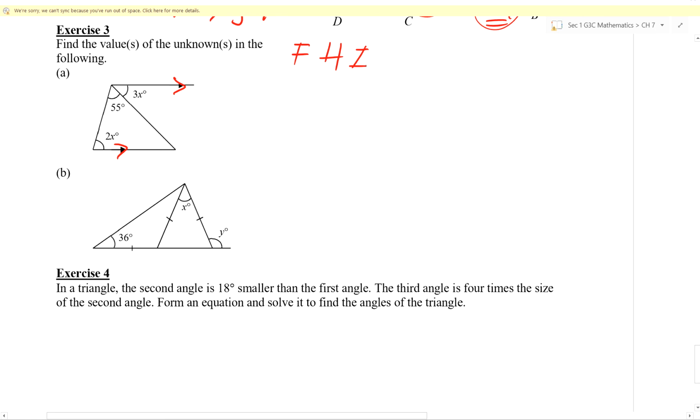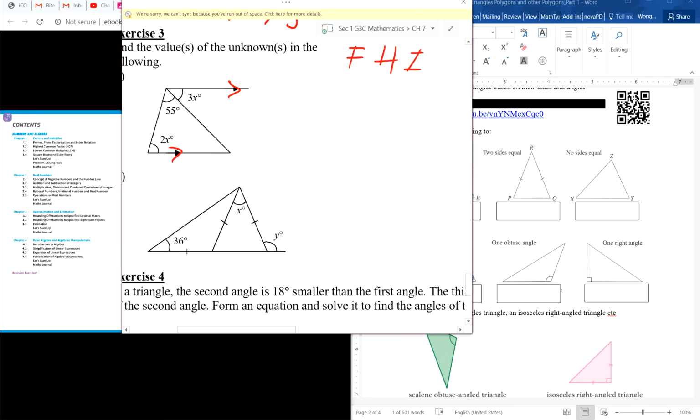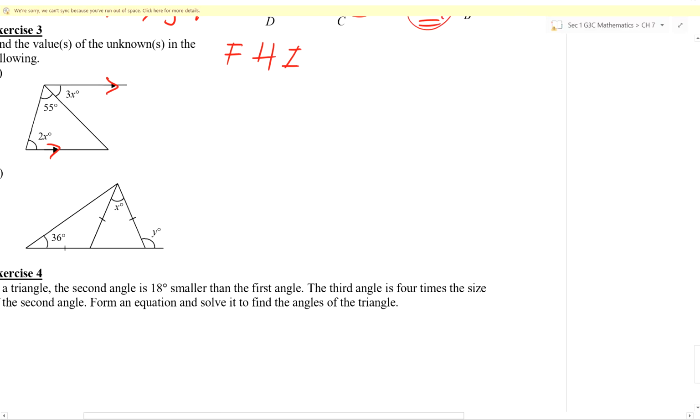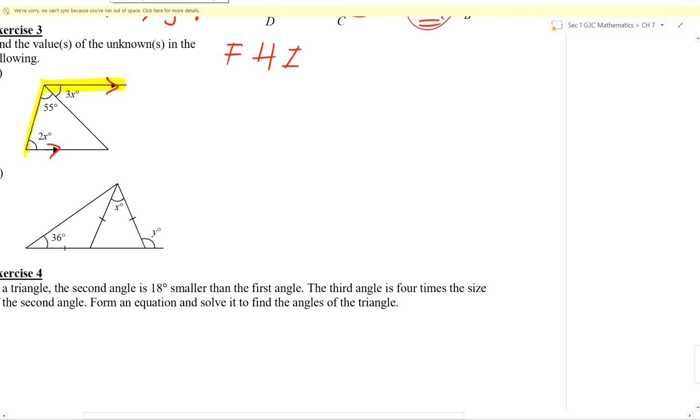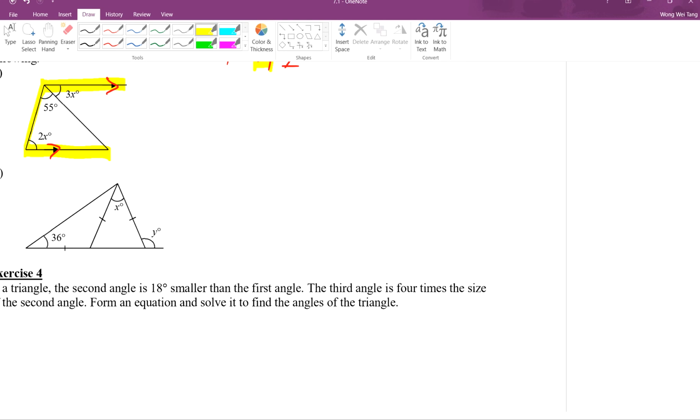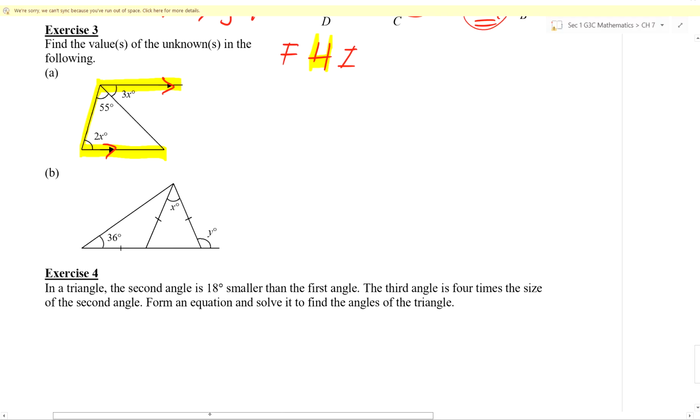There are quite a number, but from what I see, the most straightforward one that we can use will be this, our interior angles. So the property tells us that when we add 3x plus 55 plus 2x, it must be 180 degrees. State the reason: interior angles, parallel lines.